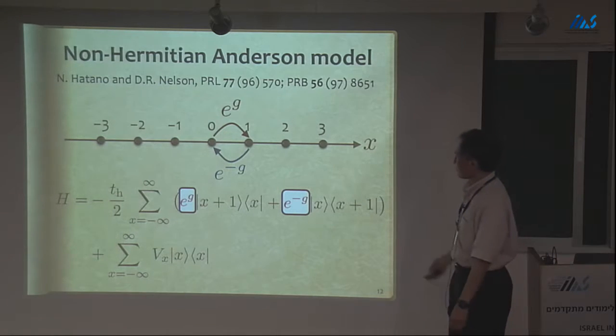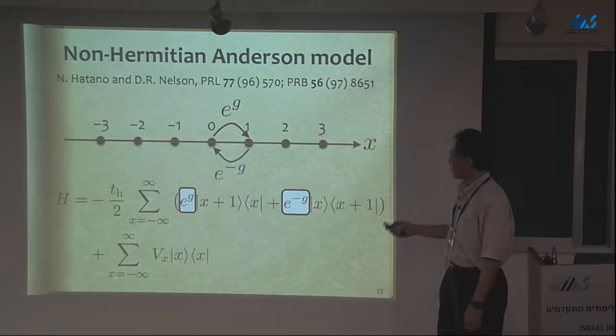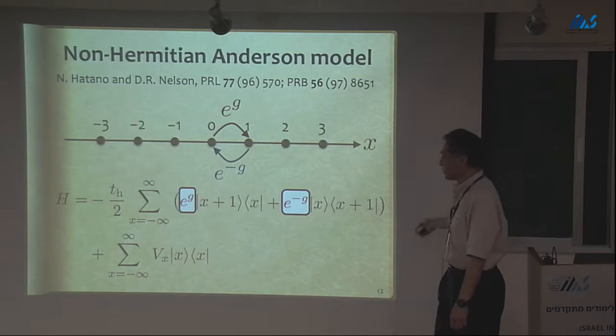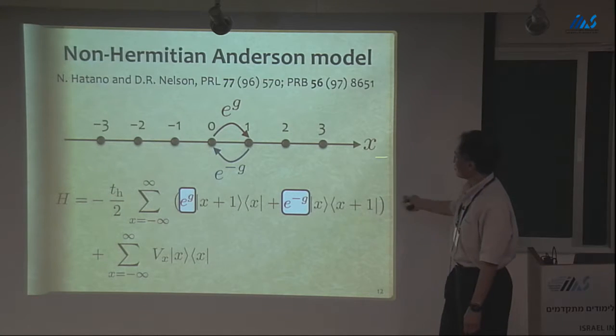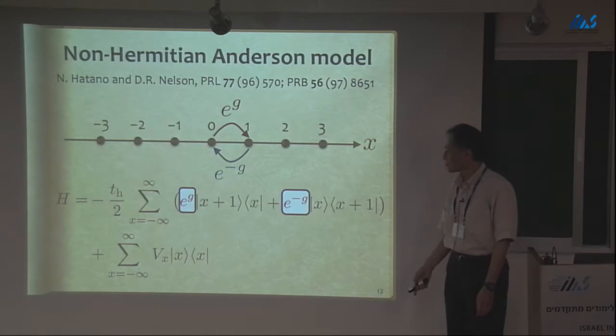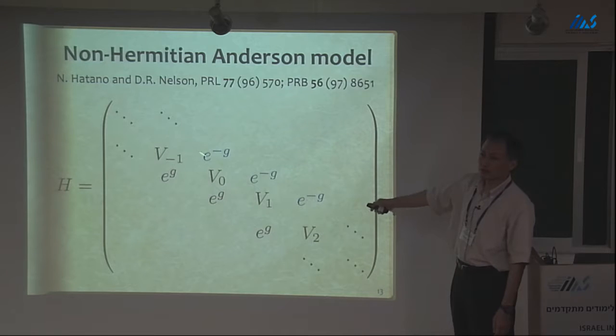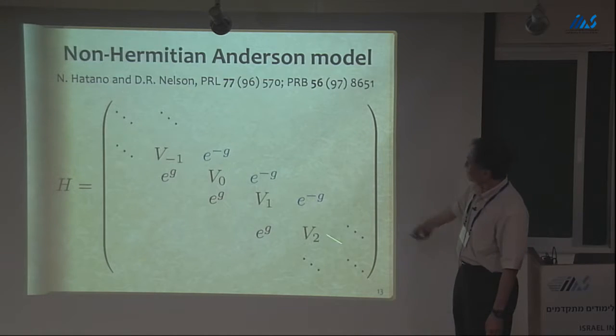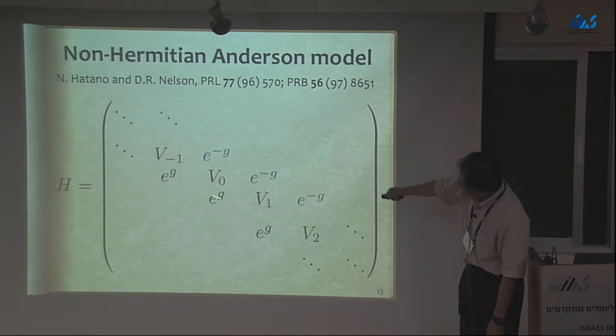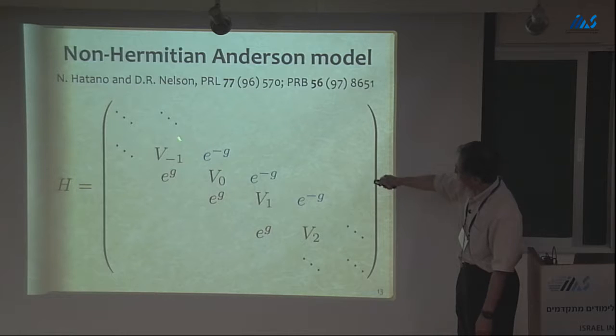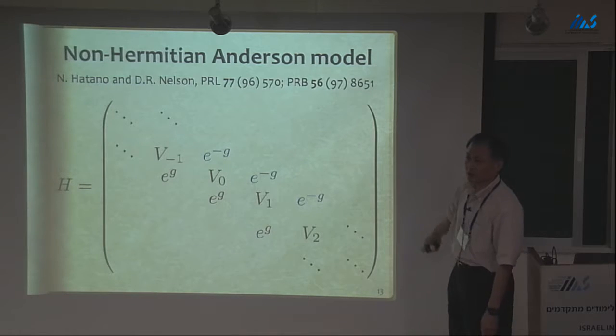But for now, please think of this as an infinite line, and I introduce the preference in one direction. If I express it in matrix form, it's going to be like this. So here, the lower subdiagonal is always greater than the upper subdiagonal.